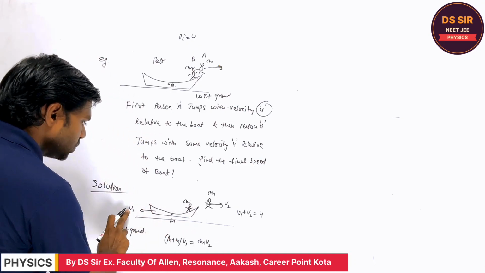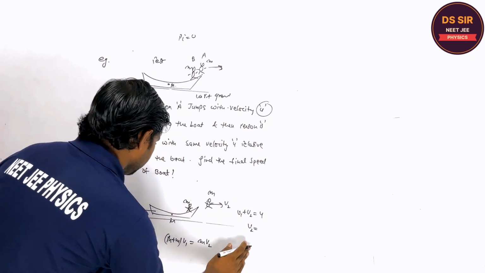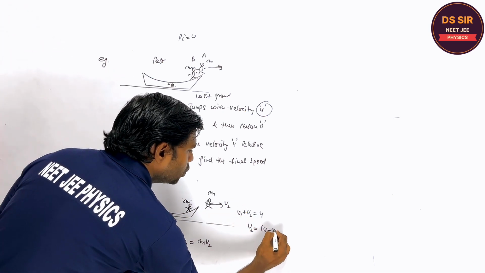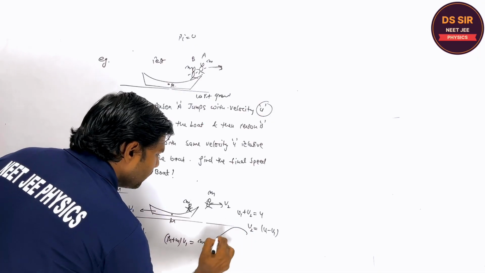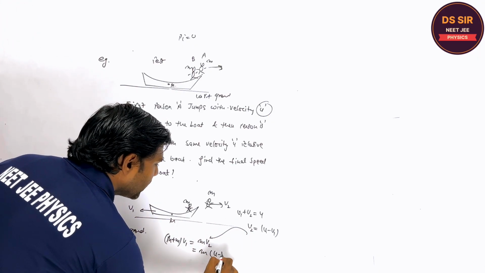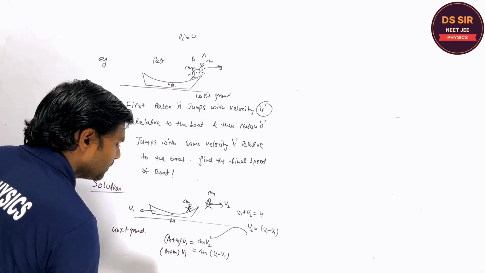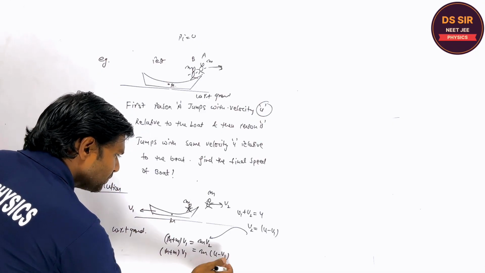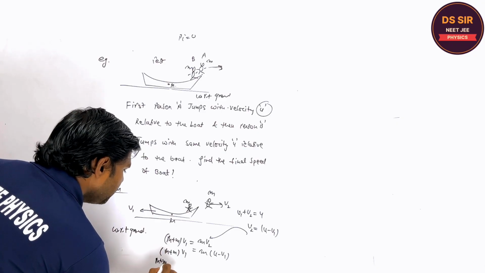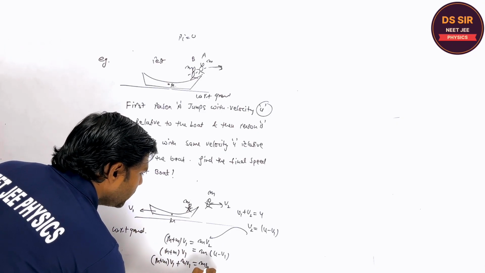So we have to find first v1. What is the value of v2 over here? v2 is u minus v1. I will put the v2 value over here. This is m into (u minus v1), and this is (M plus m) into v1. So when you simplify, (M plus m) v1 plus m v1 is equal to m u.